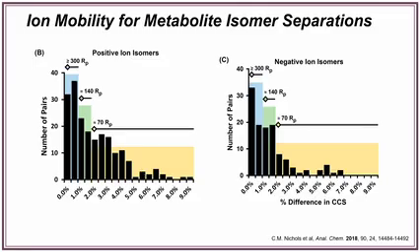But at the same time, there are quite a lot of isomers in this panel that have very, very tiny differences in CCS. That would require resolving powers upwards of 300 to be able to distinguish them.